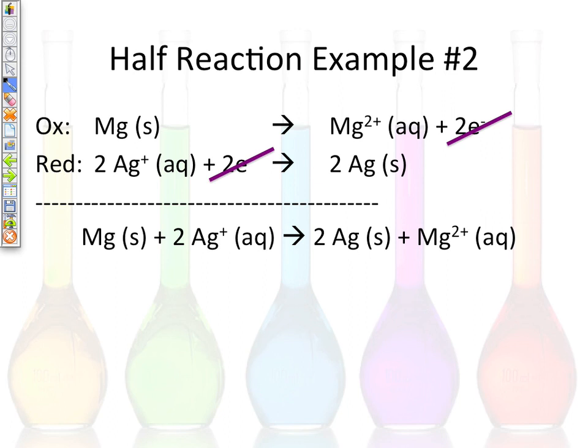So I could write it just as easily with, let's say, chlorine. So magnesium is put into a solution of silver chloride. The magnesium comes in, kicks out the silver. Silver is now on its own. This would be a fun way to make some silver.